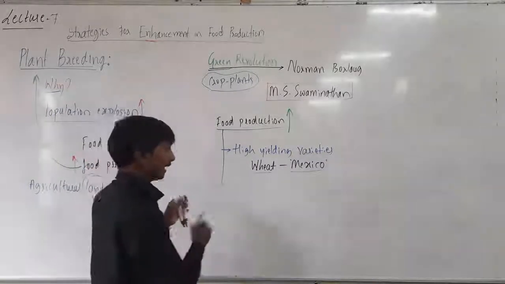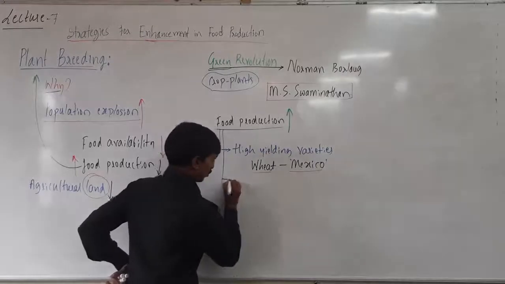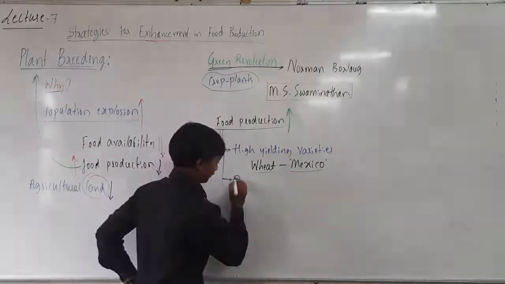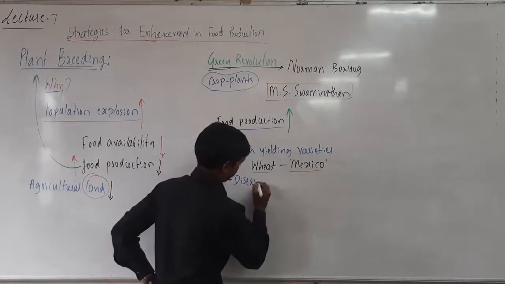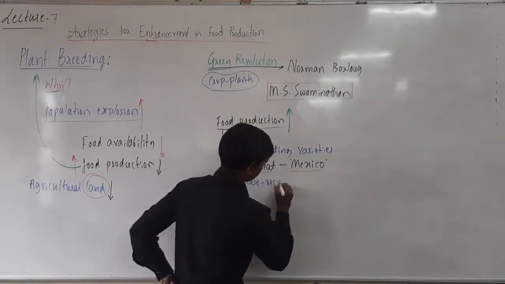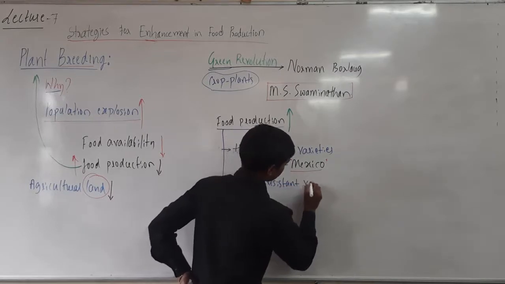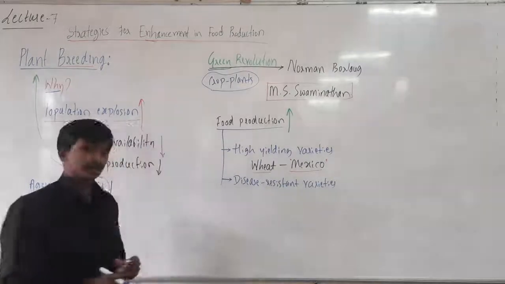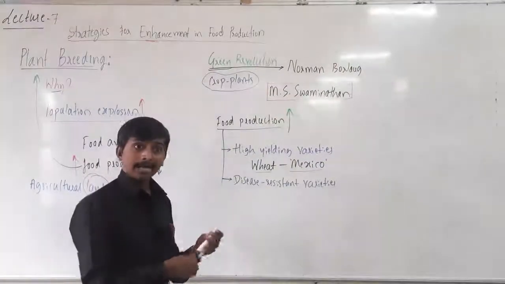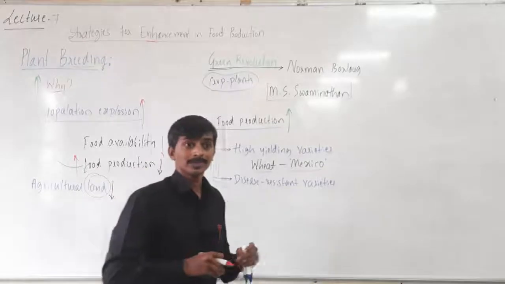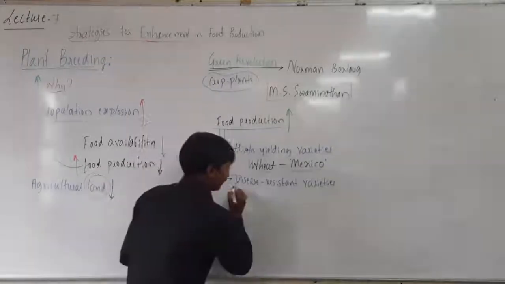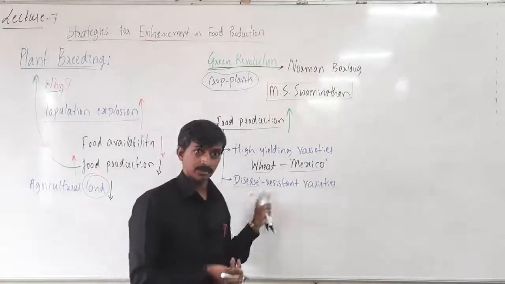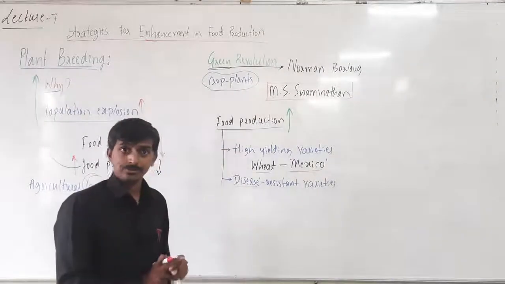Along with that, high yielding varieties, they should also focus on disease resistant varieties. Disease resistant varieties means the plant has to tolerate, it has to resist the various disease causing agents, pathogens like bacteria, virus, fungi.